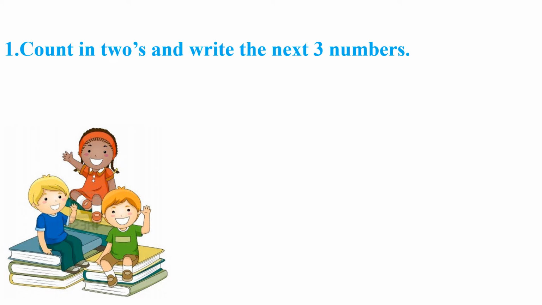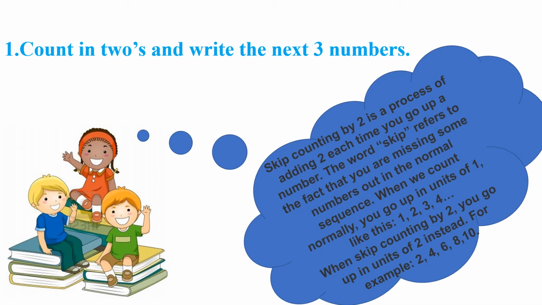Let us take an example. Count in twos and write the next three numbers. So what do you mean by counting in twos? Skip counting by 2 is a process of adding 2 each time you go up a number. The word skip refers to the fact that you are missing some numbers out in the normal sequence.